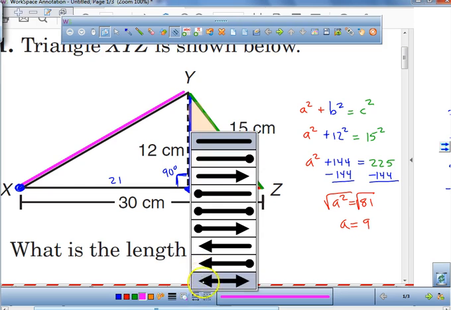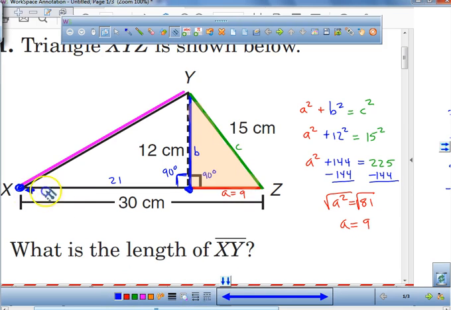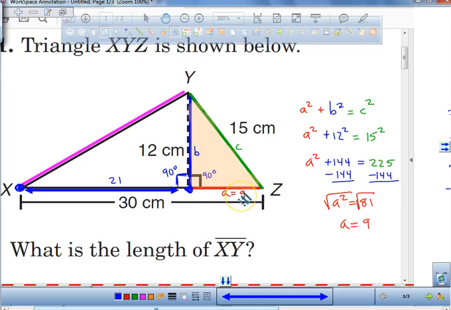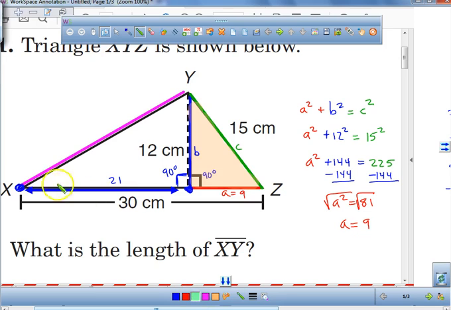I'll do a double arrow going across. Right here, from right there to there, that has to be what? 21, because 21 plus 9 gets me a 30. So you had to solve for this so that you could look at the other right triangle. So I'm going to shade in a totally different color. Check this one. Does everybody see the other right triangle right next to it?